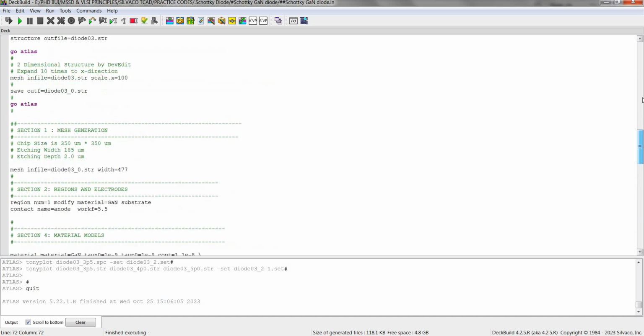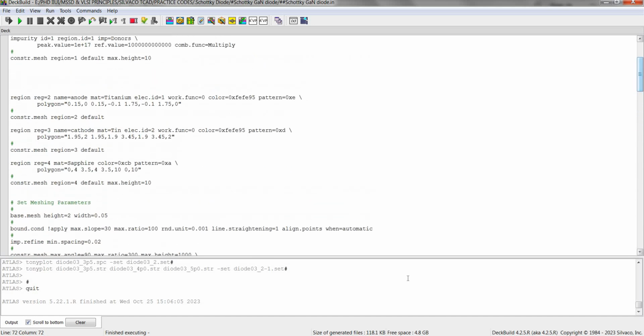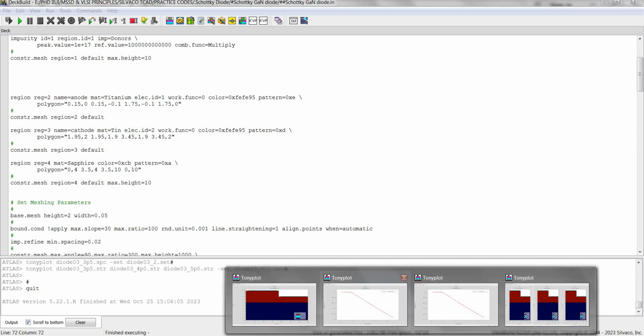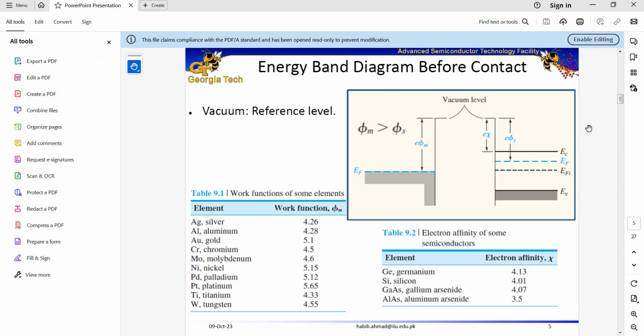So as I told you, in order to achieve a Schottky diode on n-type material, our metal work function should be greater than the semiconductor work function. And inside the code I've assumed an n-type semiconductor material with electron concentration of 1 into 10 to the power of 17 per centimeter cube.